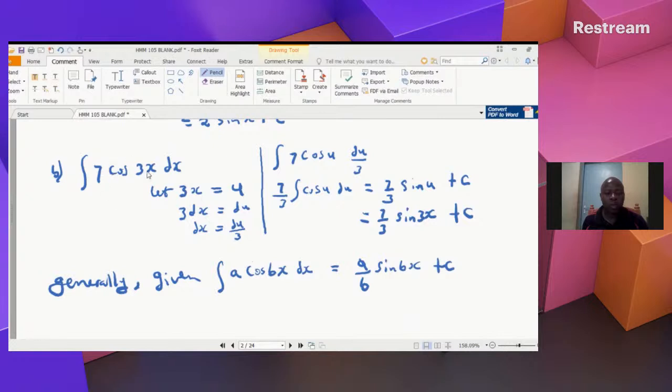So I want you to know the working in part B, and also know the generalization of this working.